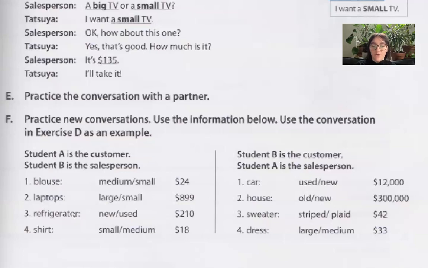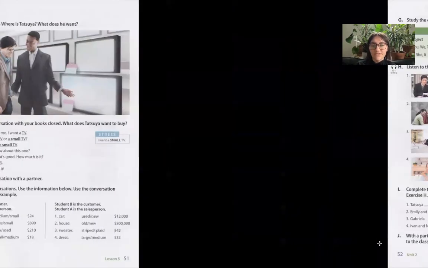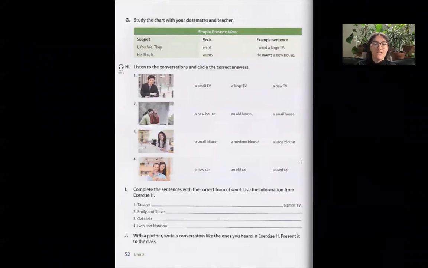A small laptop. And then we also have prices, right? To practice numbers, $24, $899, $210, $18, $12,000, $300,000, $42, and $33. So that's some conversation practice, right?